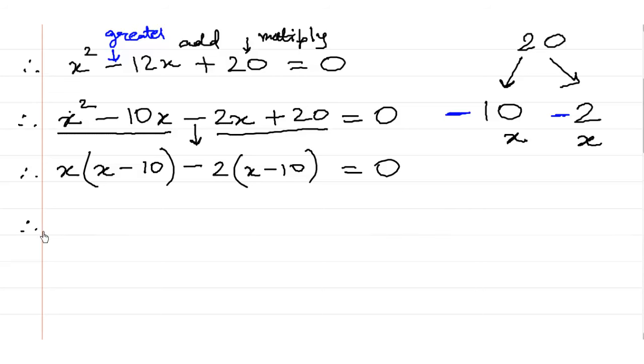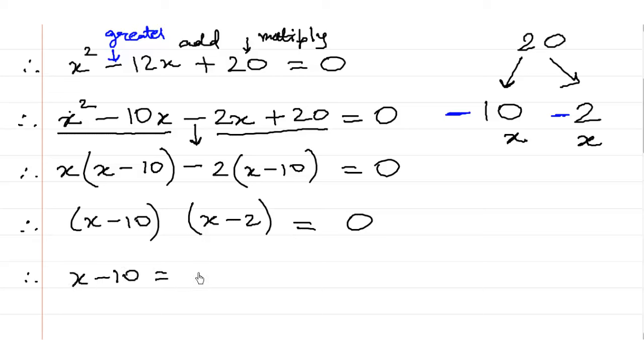Now we can take the repeating bracket x minus 10 common, and x minus 2, which are written outside the bracket, as uncommon in the other bracket. So x minus 2 is equal to 0. Therefore, either x minus 10 is 0 or x minus 2 is equal to 0.